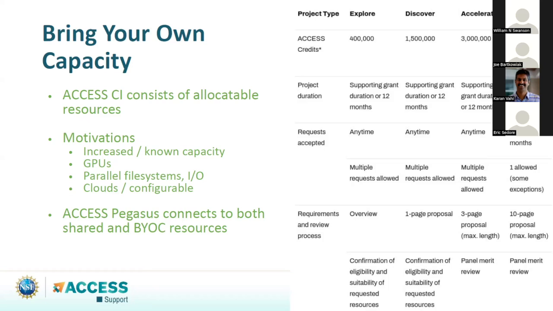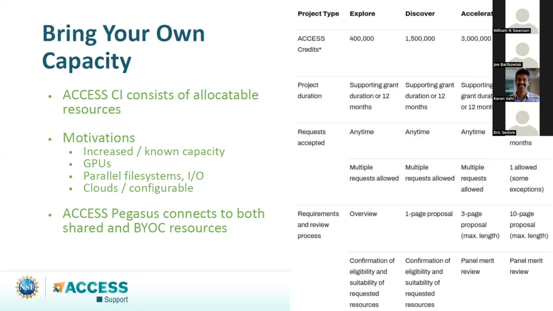It is easy to get one of these allocations. Now, if you have a big one, effort goes up, three-page proposals, ten-page proposals, and those usually go into a panel, right? So like up here, yeah, it's peer review. Down here, you coming in with a grant or being one of a U.S. institution, it's basically automatic.